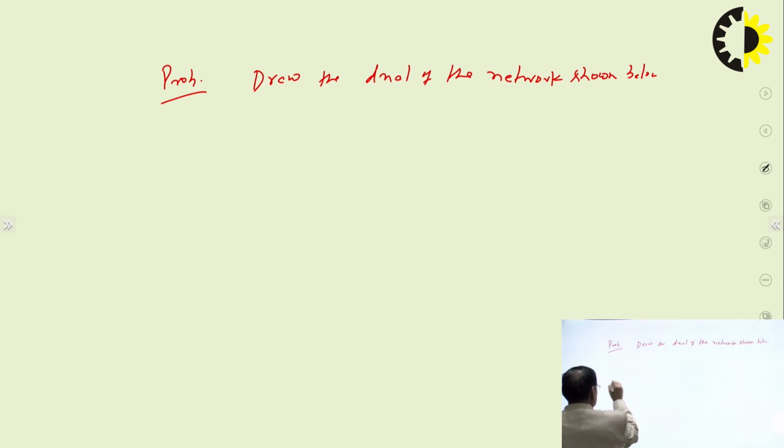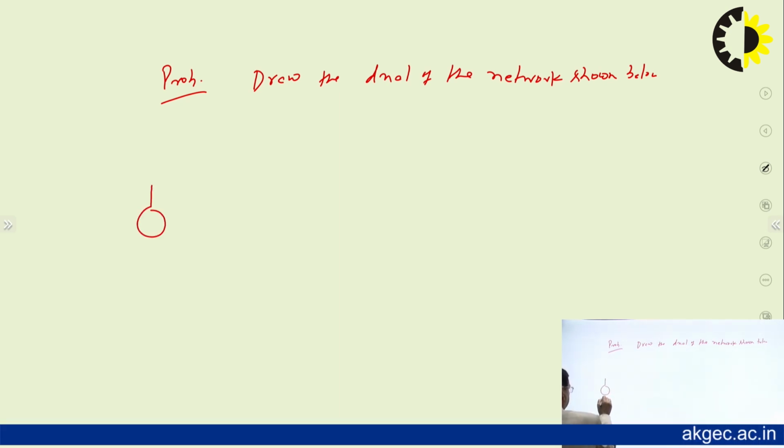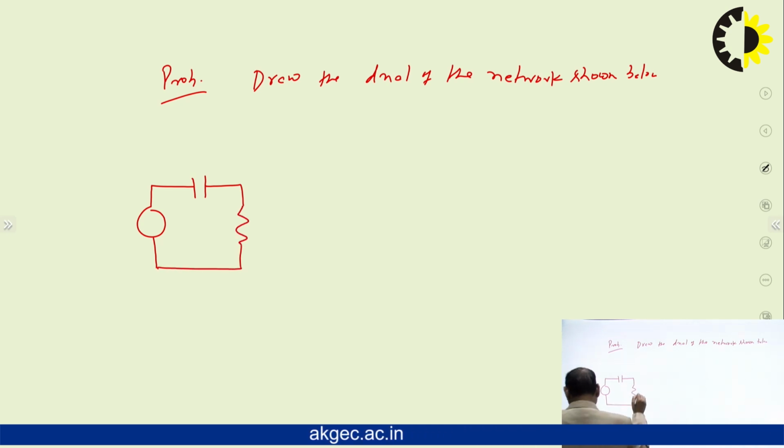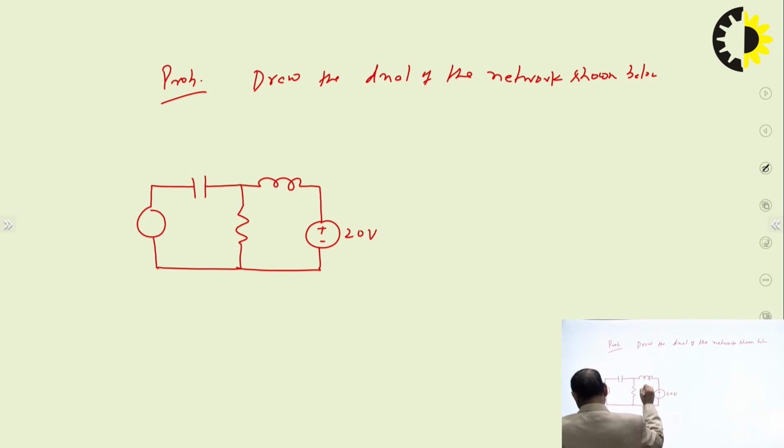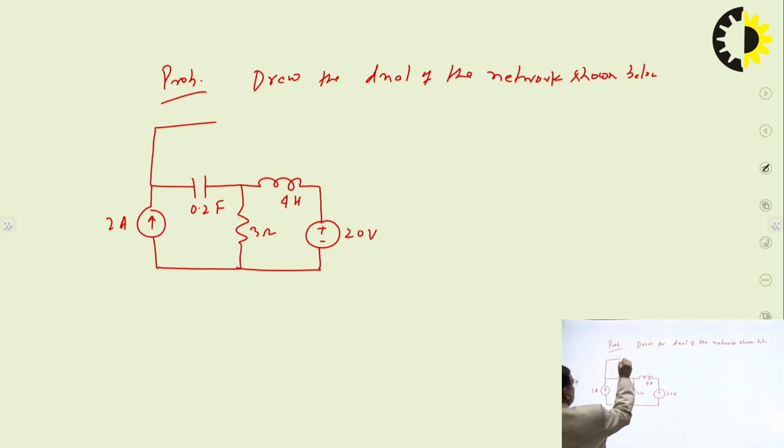This is plus minus 20 volt, this is your 4 henry, this is your 3 ohm, this is your 0.2 farad and this is the 2 ampere, and we have another element here having the 5 ohm.